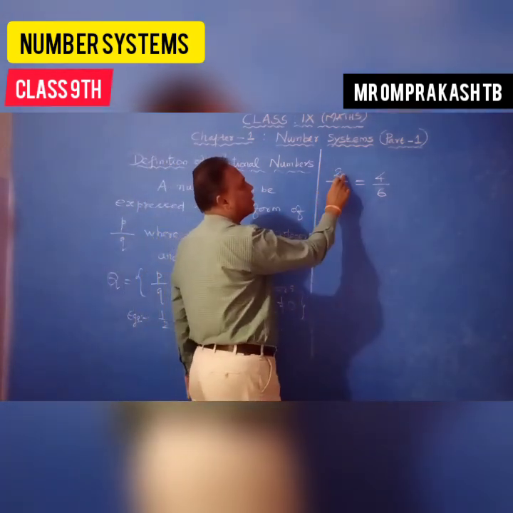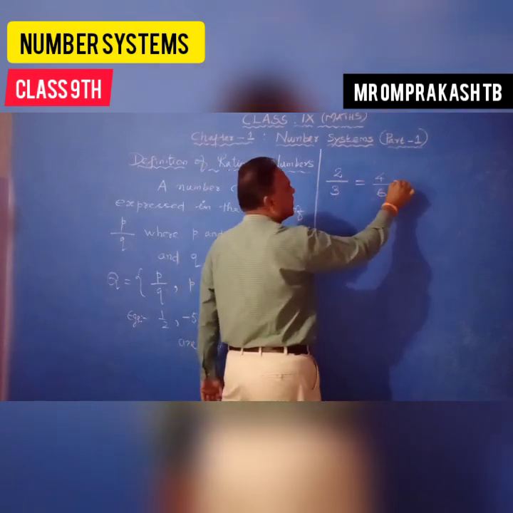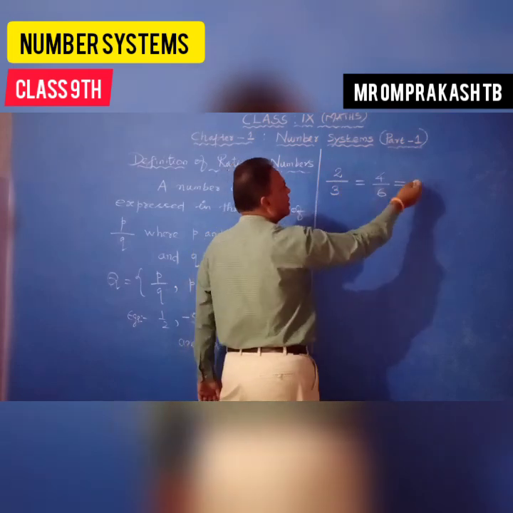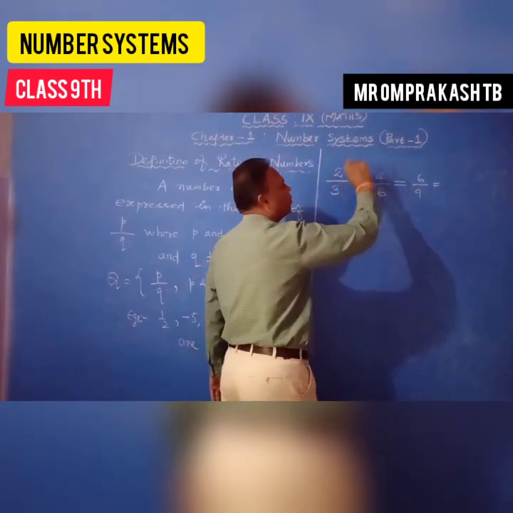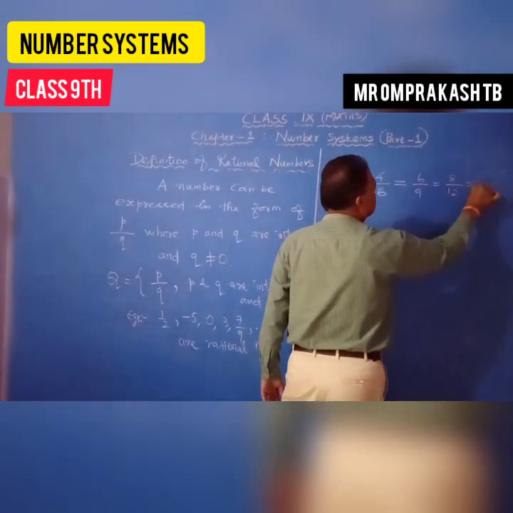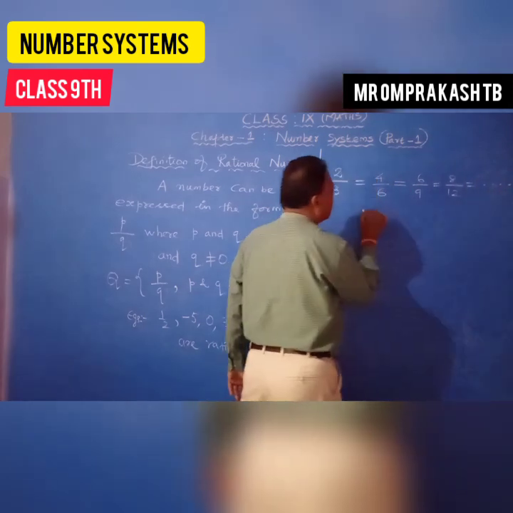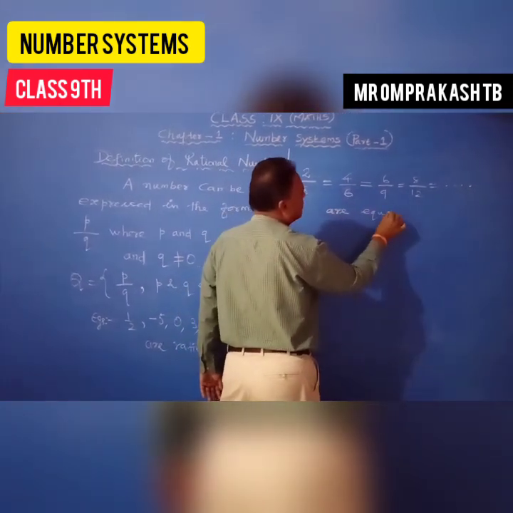Then you multiply by 2 in the numerator and denominator, means you will get 4 by 6. Like this, multiply by 3 you get 6 by 9, multiply by 4 you get 8 by 12, etc. These are equal fractions.